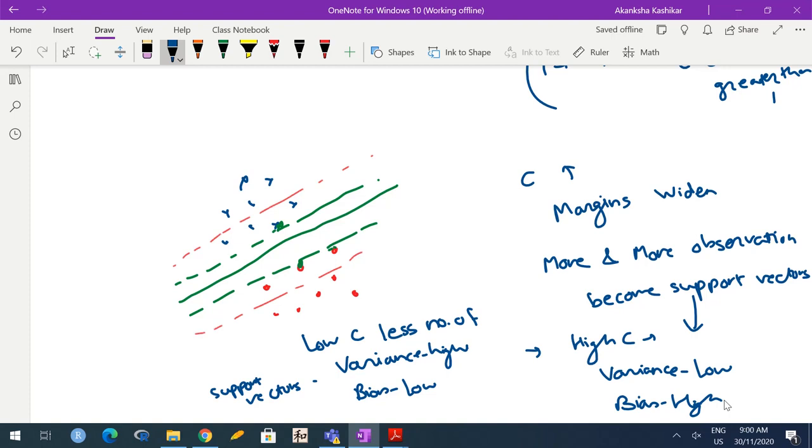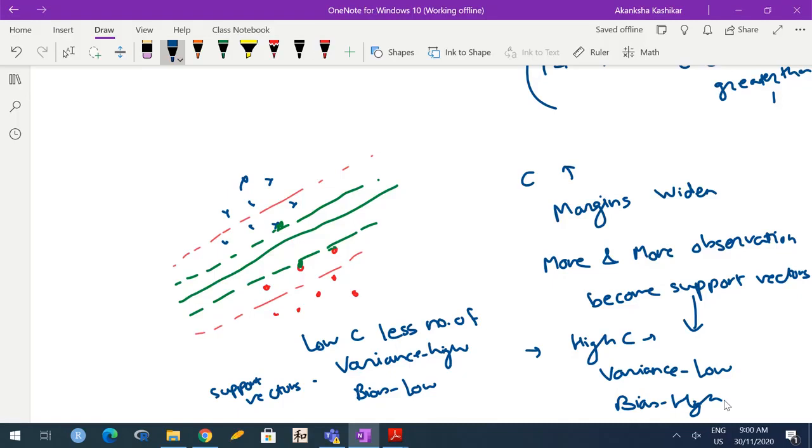Choosing C is actually choosing a trade-off between bias and variance, which can be obtained via your usual cross-validation type of thing. So this is how we move on from the maximal margin classifier to the support vector classifier.